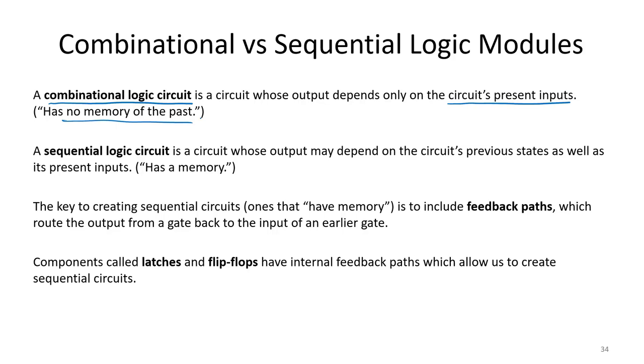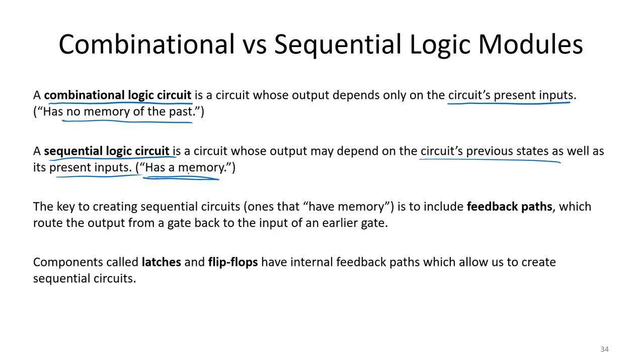However, it's also possible to have a circuit called a sequential logic circuit. This is a circuit whose output can depend on the circuit's previous states as well as the present inputs. So this circuit actually does have memory of past states and past inputs. So how do we actually make a circuit have memory?